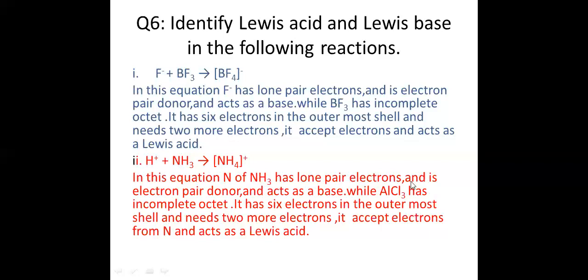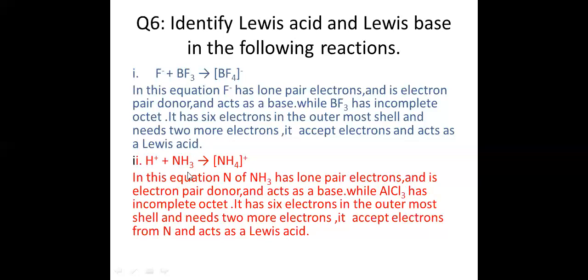So in this equation, nitrogen of ammonia has a lone pair of electrons and is an electron pair donor and acts as a base, while the proton accepts electrons from nitrogen and acts as a Lewis acid. This is a proton, okay? This is not aluminum chloride.